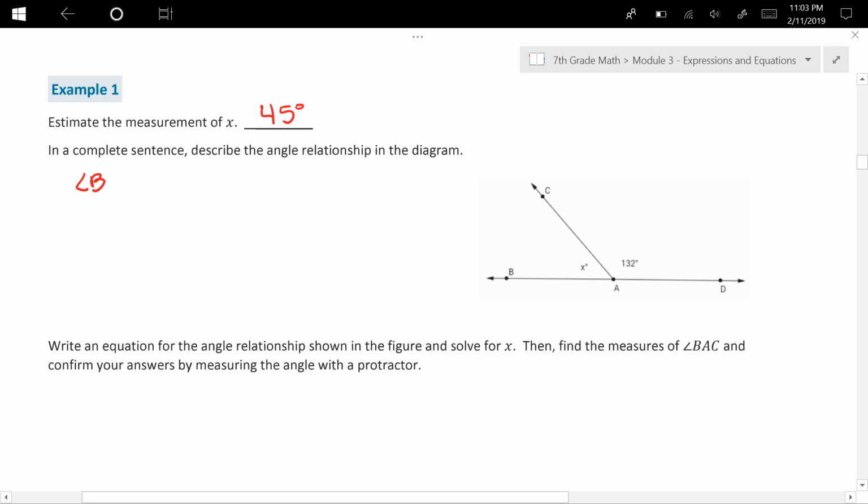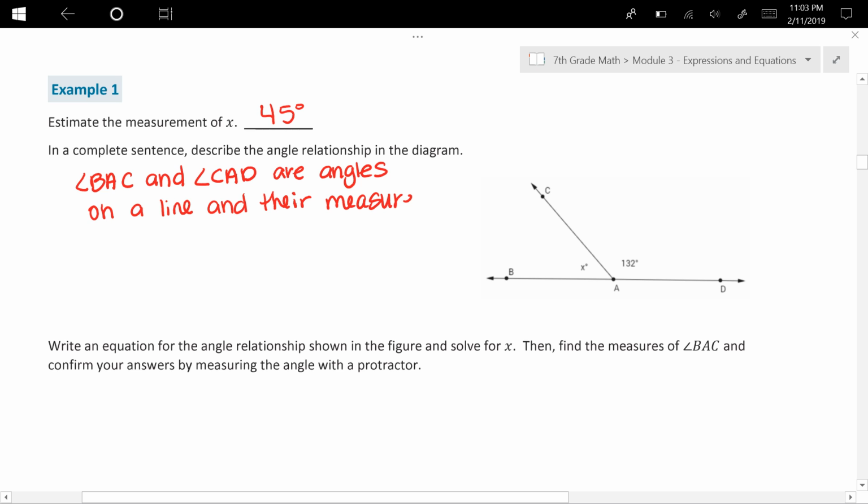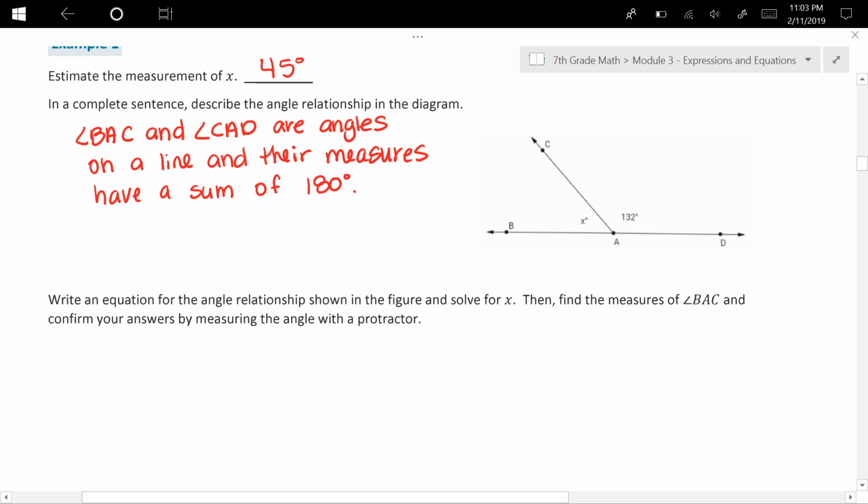Angle BAC and angle CAD are angles on a line, and their measures have a sum of how much? 180 degrees.